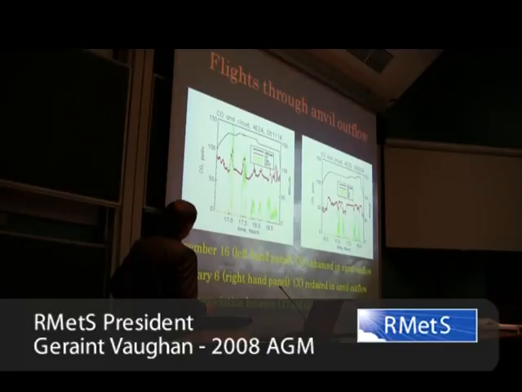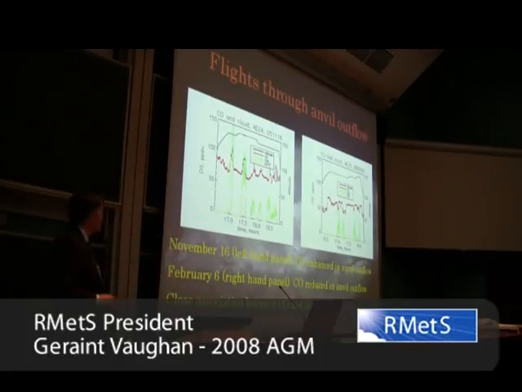Time on the x-axis and concentration of CO on the y-axis, coloured in red. These green and yellow colours are cloud particle numbers. So basically, cloud penetrations: we flew in and out of the anvil, flew across it in this instance. And you can see a very clear correlation between carbon monoxide and cloud.